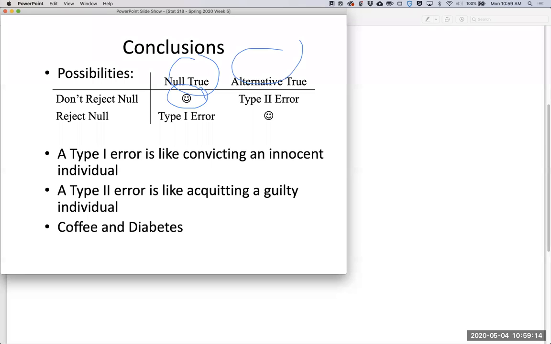If the alternative hypothesis is true and we reject the null and believe the alternative, again, we're hitting the correct conclusion. If the null is true and we do reject the null hypothesis, we're going to call that a type 1 error. If the alternative is true and we do not reject the null, that's called a type 2 error.